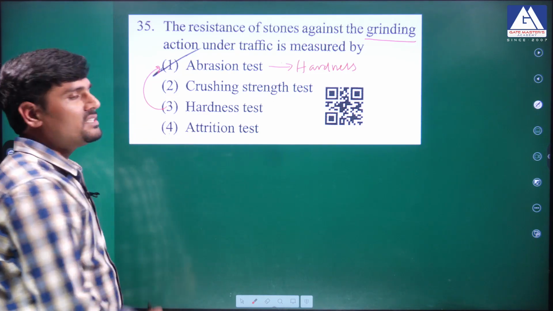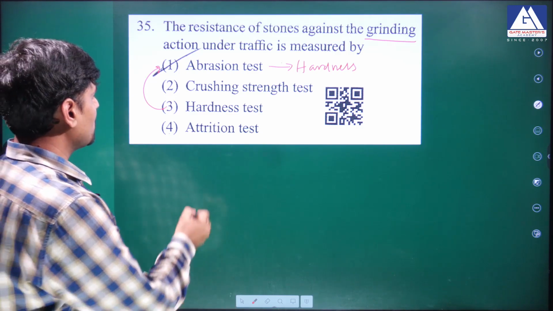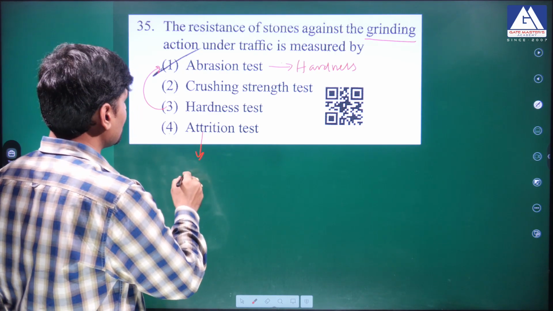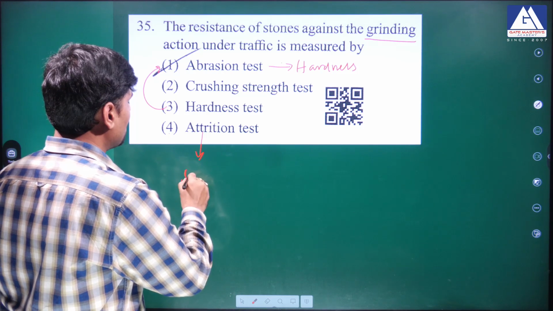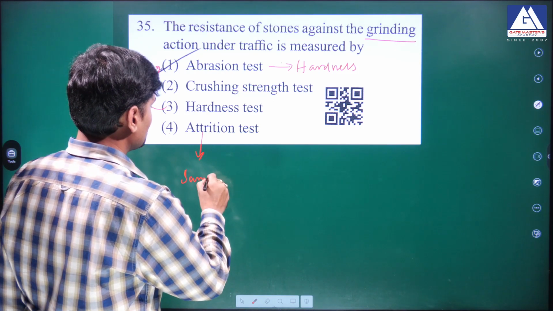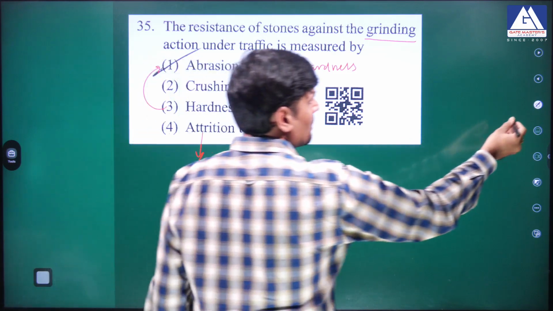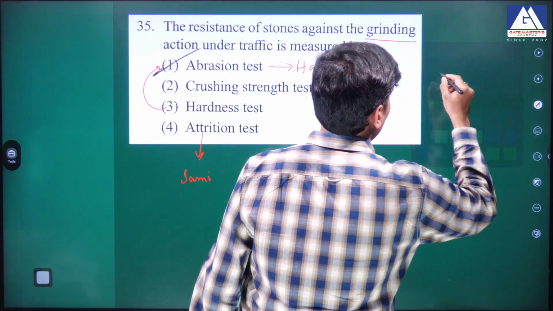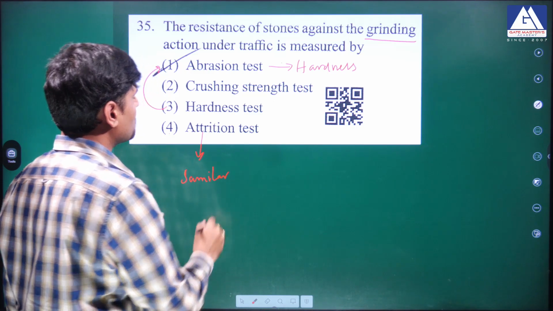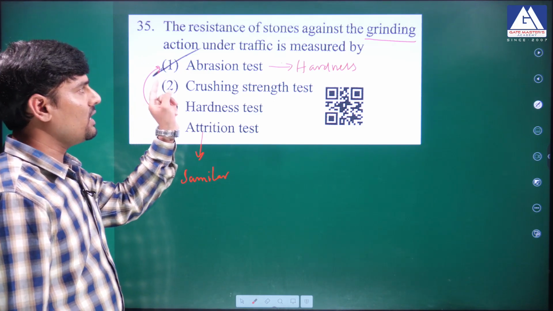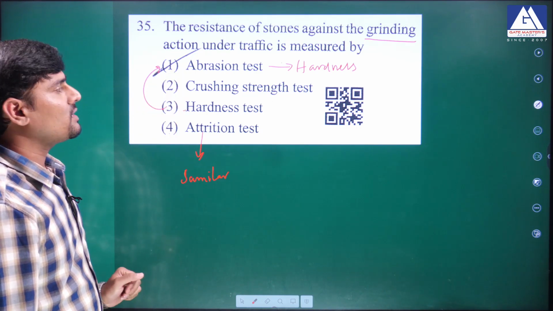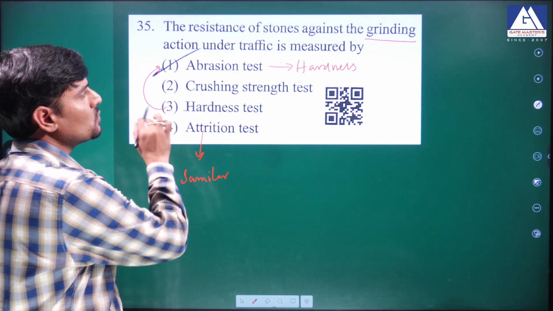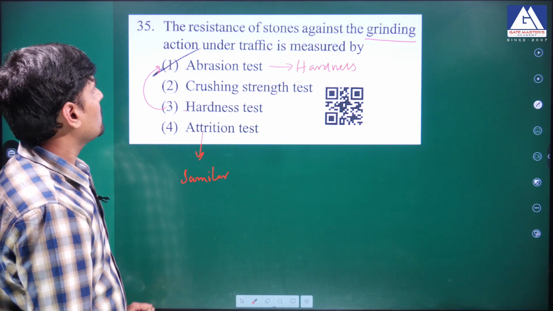But what is attrition? Attrition is all about the interaction that takes place between the same materials or similar materials. So if somebody wants to answer option A, it is also indicating that option C gives the same meaning, so those two are not in the correct position.